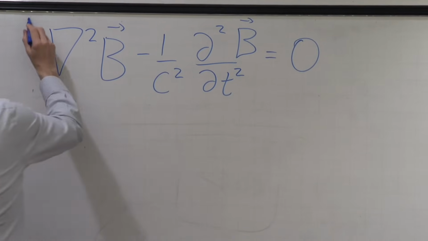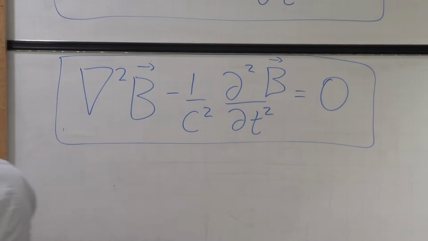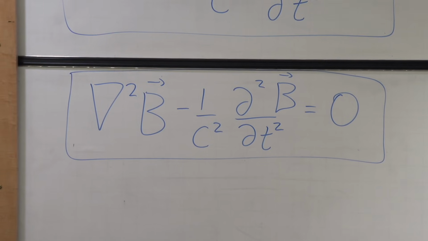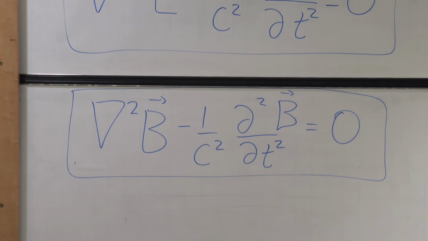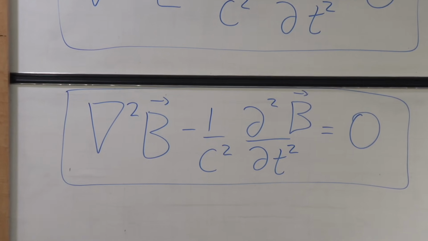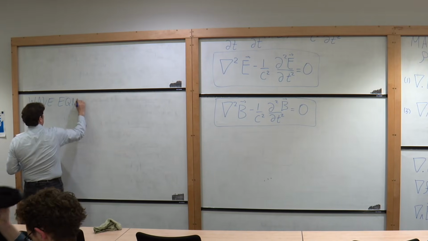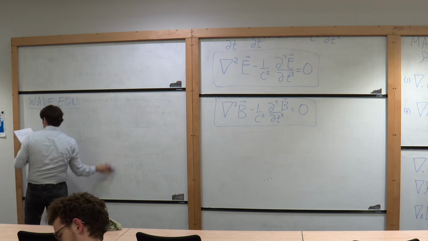So this equation in general, you have already seen in Fourier, for instance, in the first year. It's nothing but the wave equation. Here we are in 3 dimensions, but these are called the wave equations.